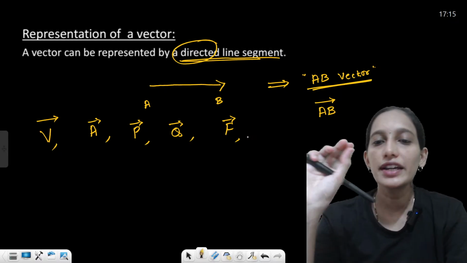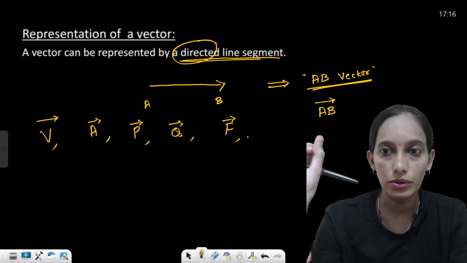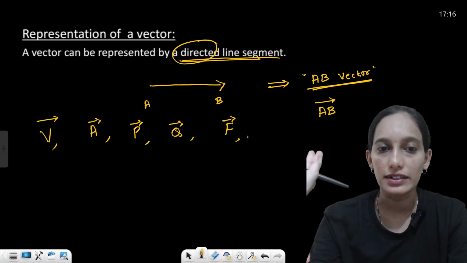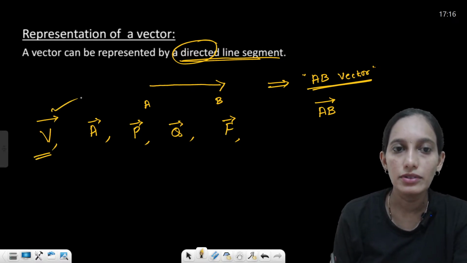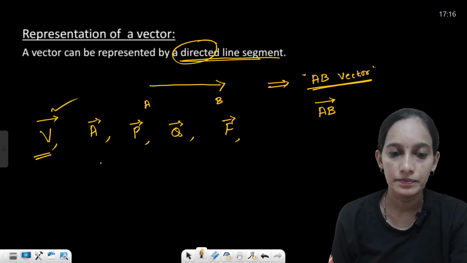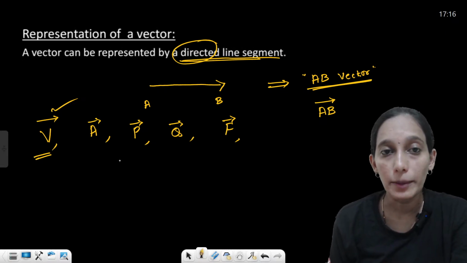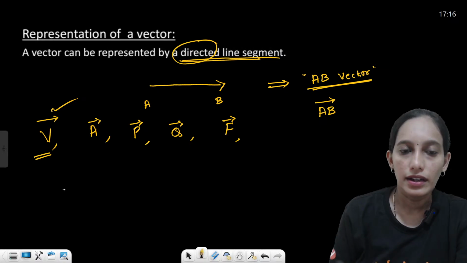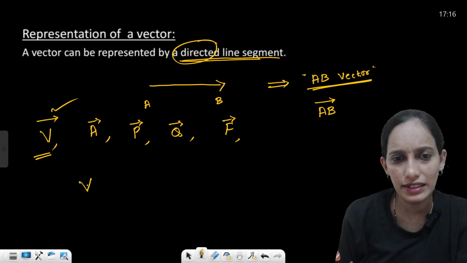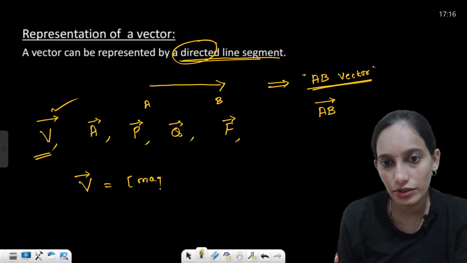Any variable with an arrow on top of it is how we represent a vector. Is that clear till here? Okay, so next is, if I consider any vector, let me say some v vector, we know that it is going to have some magnitude.